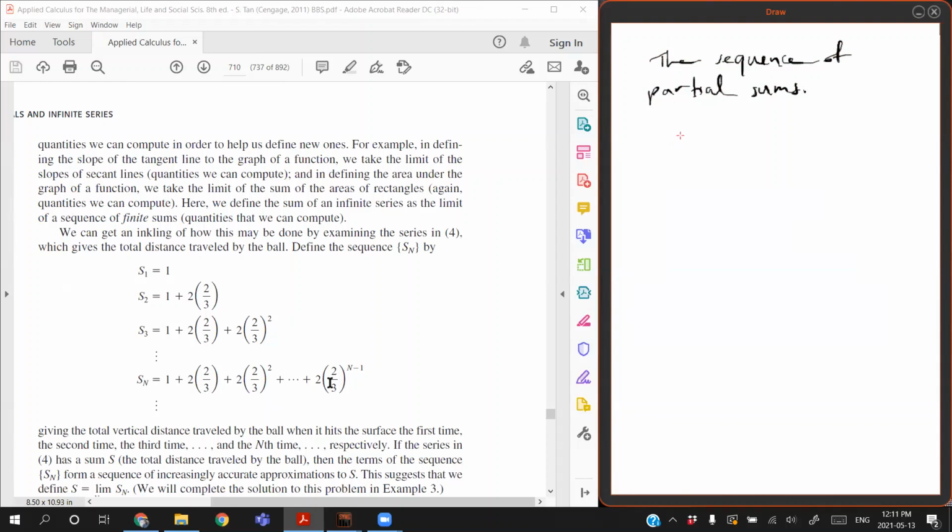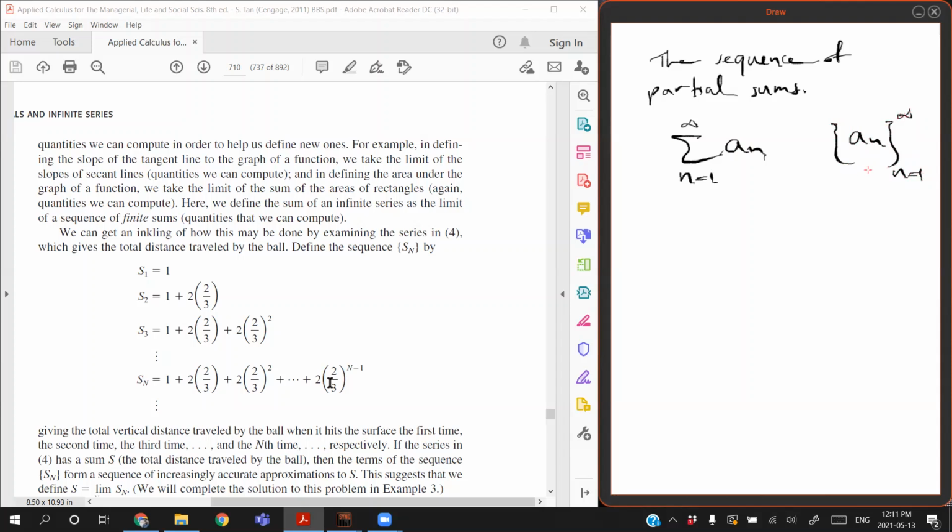So imagine you have this series, sum over n from 1 to infinity of An, which has been defined based on the sequence An, n from 1 to infinity.